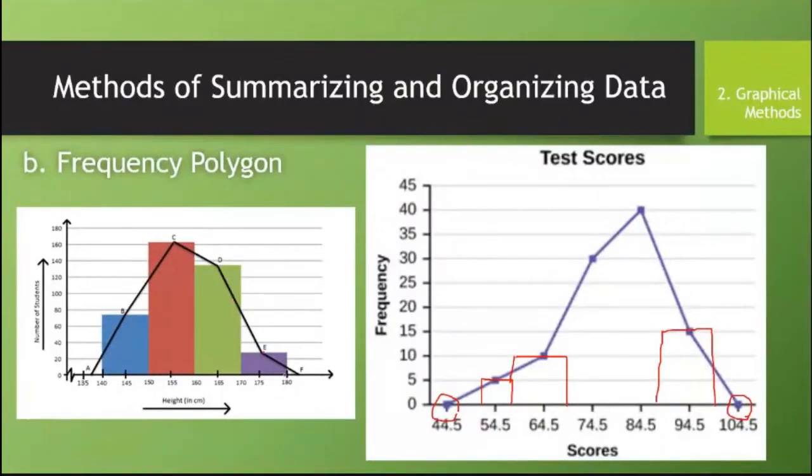Then get the class mark of the previous and the next class mark of this rectangle. Then you connect the dots using lines.